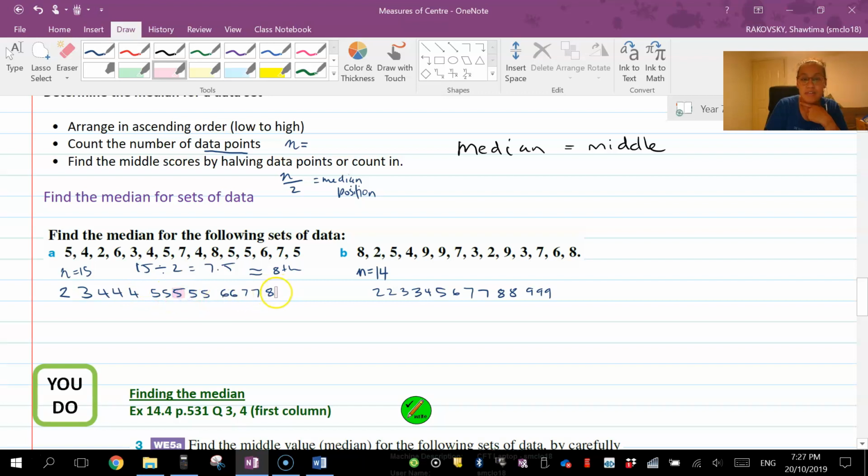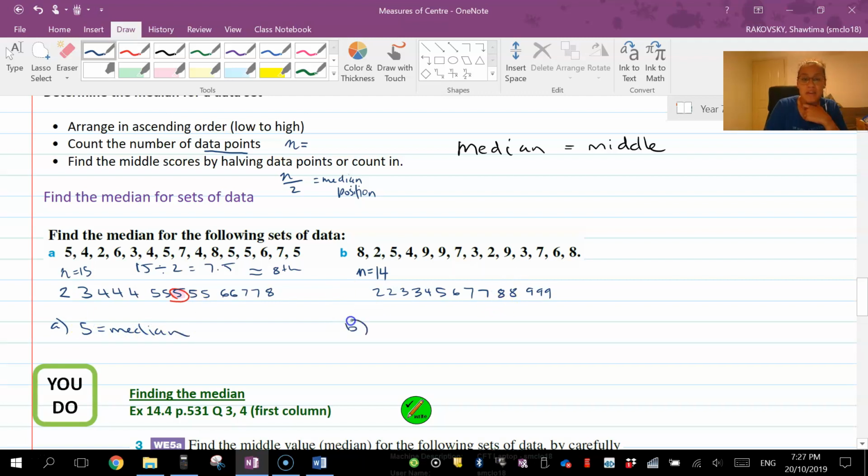It's this one here, and if I count in from the other side, 1, 2, 3, 4, 5, 6, 7, 8. So 5, it just happens to be that it's also my mode. Excuse that for being terribly drawn. For A, 5 equals the median.